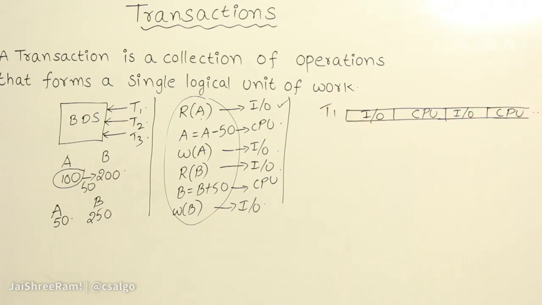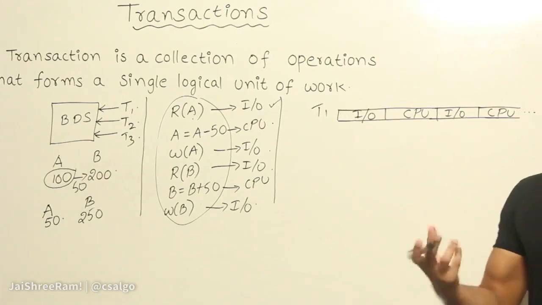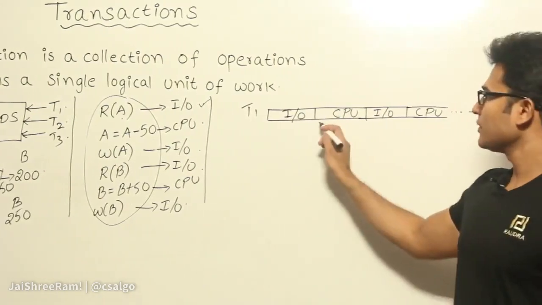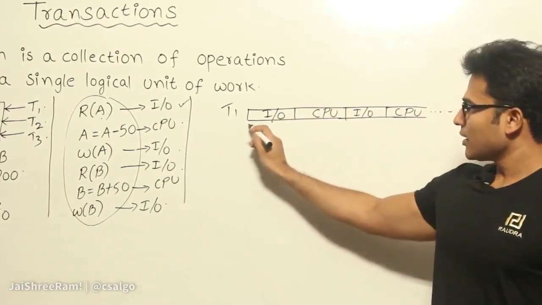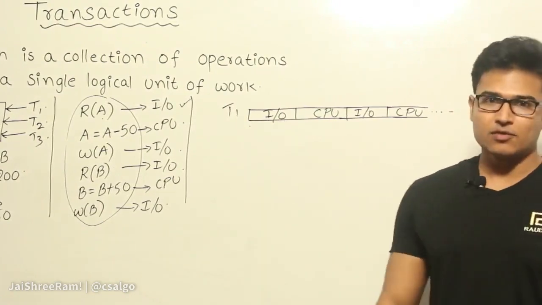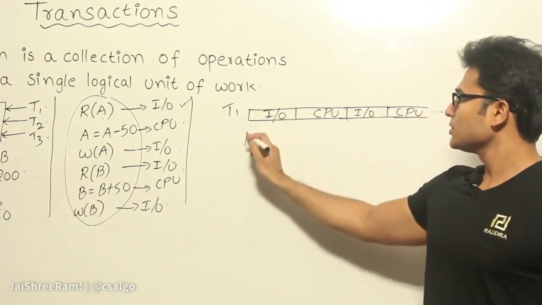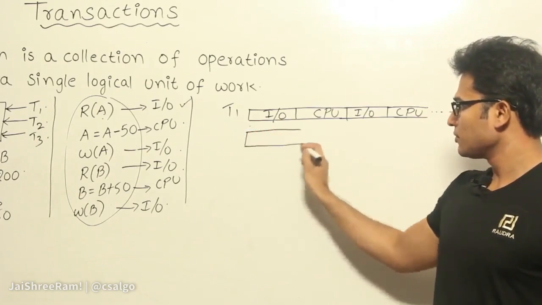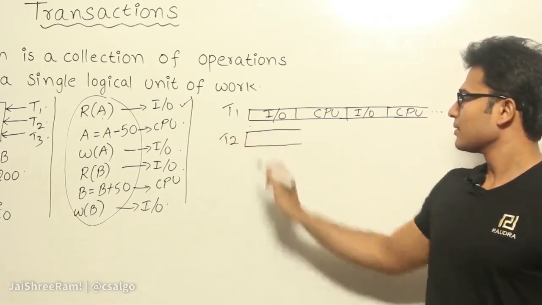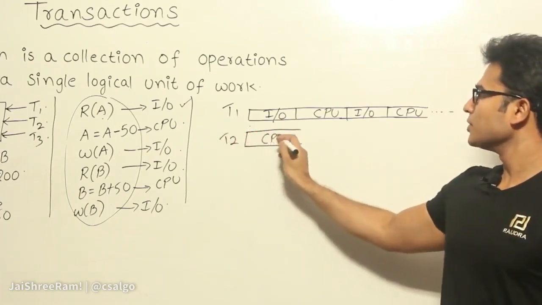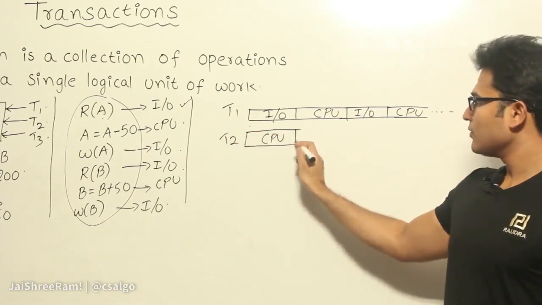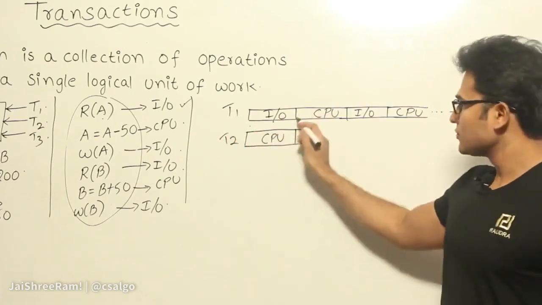Now let us say there is another transaction T2 which has got some computation work. So then whenever your T1 is busy with IO, then you could schedule some other transaction T2, let us say, if it needs CPU here, and whenever T1 again needs the CPU, you just switch it, right?